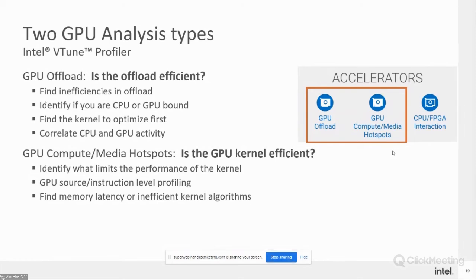Now with oneAPI, we have added DPC++ support to compute/media hotspots analysis. This means you can now run a DPC++ application which is running on GPU and profile it with GPU offload or compute/media hotspots analysis from VTune Profiler.